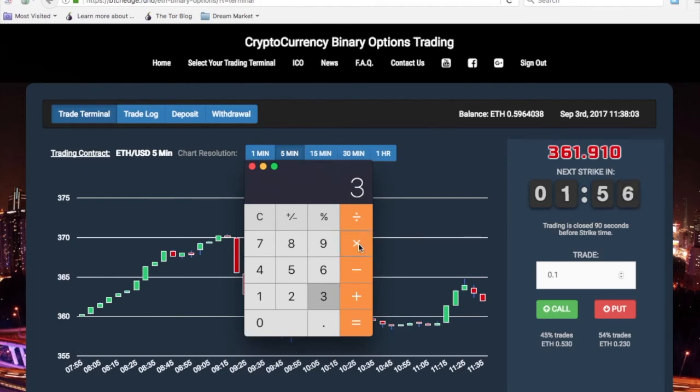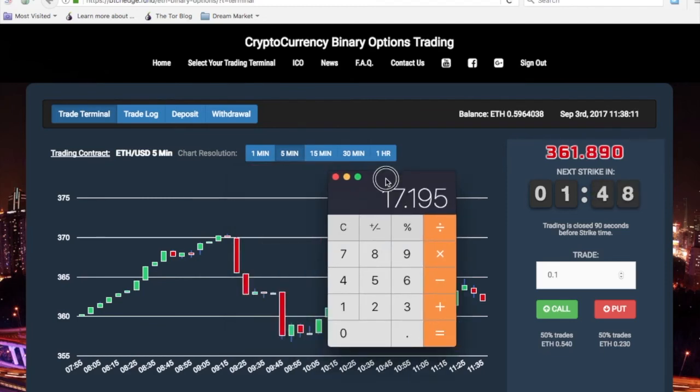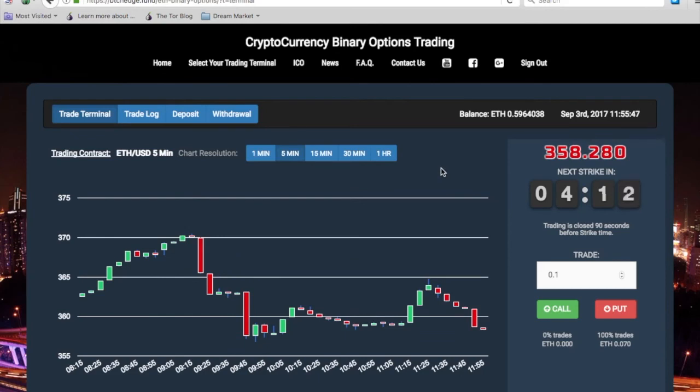So we multiply that by 362, and our profit in dollars is $17.20. So that's quite a good result for 2 minutes of trading. $17, good start. Now let's see if we can repeat that result in the next trade.